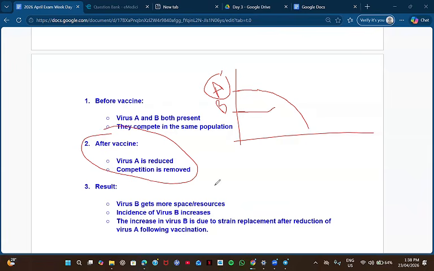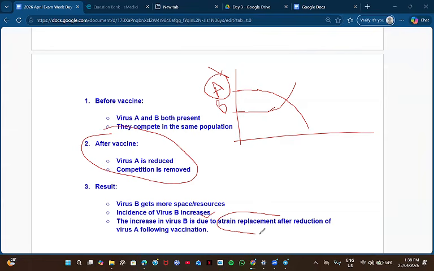Then the incidence of virus B increases. Why? The new cases of virus B increase because virus B is getting more resources and getting stronger, since there's no competition. The increased incidence of virus B is due to strain replacement.